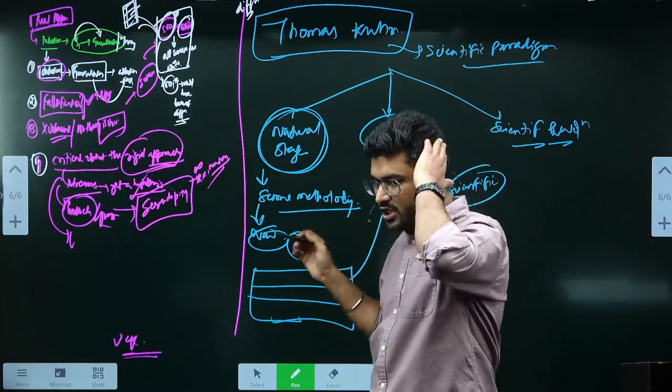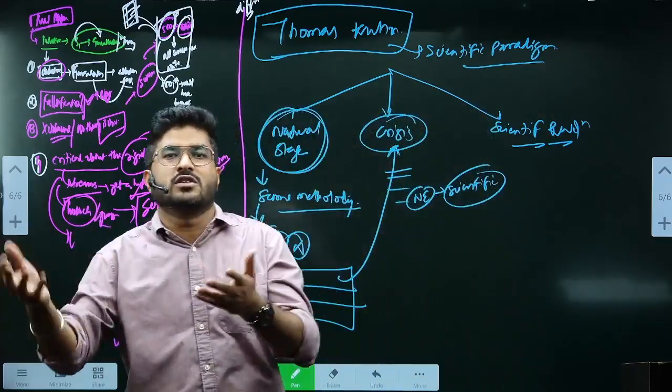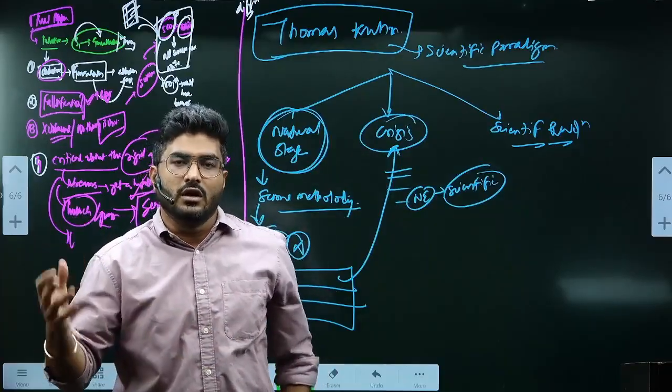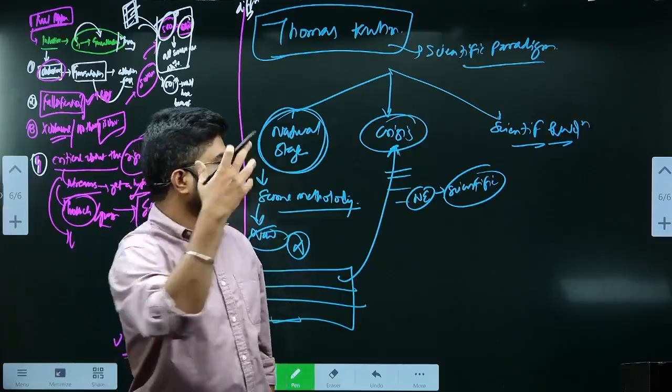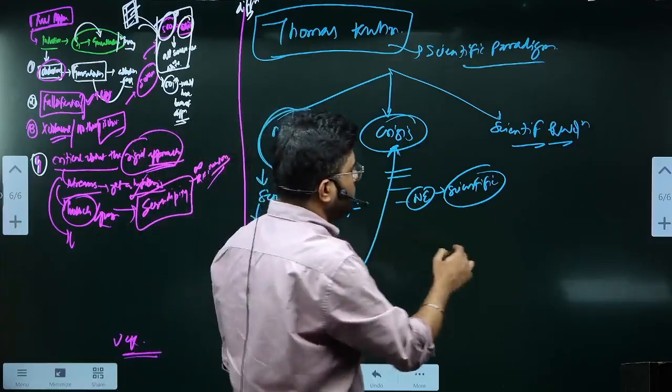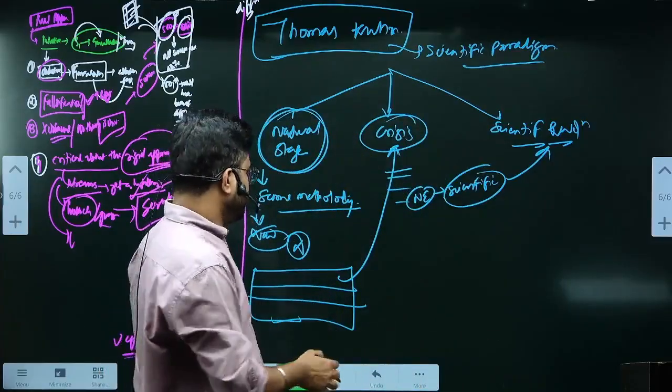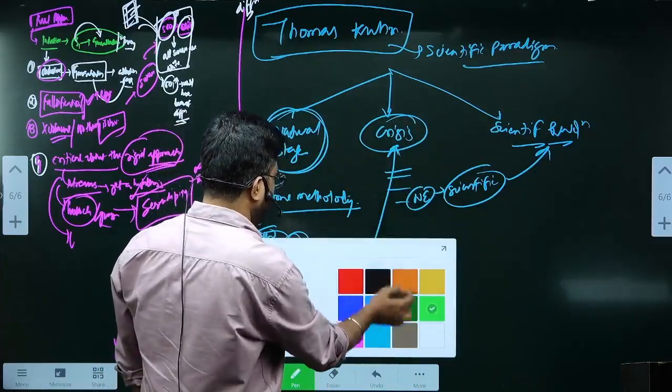Basically, during the crisis period the people will be looking for new methods, new tools, so that the new questions being raised can be answered. So this will lead to scientific revolution.